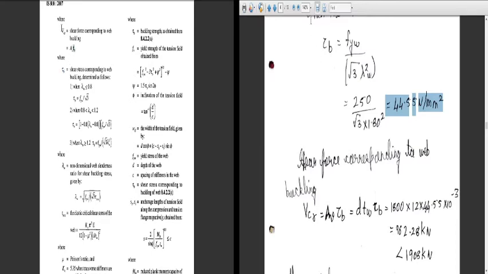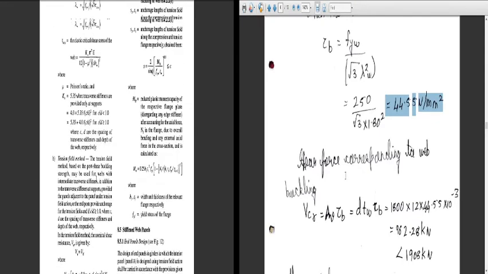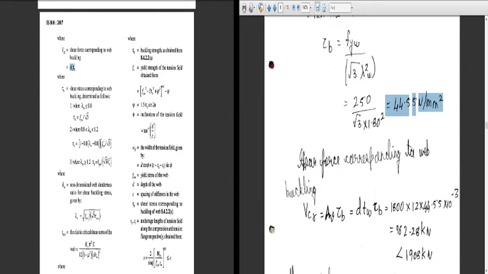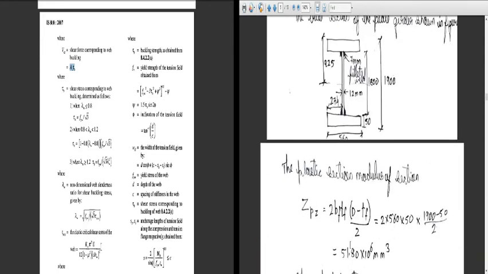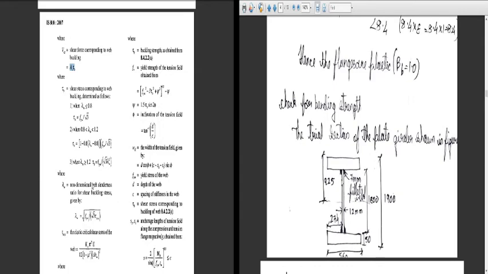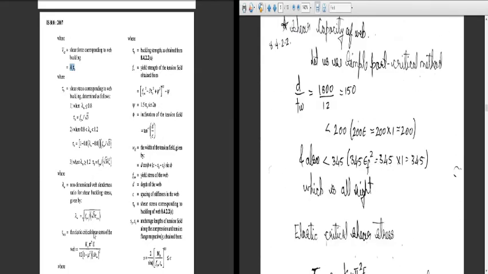We will find out VCR, the shear force corresponding to web buckling, which is given by AB into tau B. AB is nothing but the shear area of the web. In the diagram, the web is a rectangular section, so its dimension is 1800 by 12, and that is the area of the web.